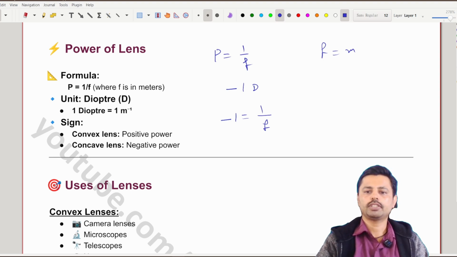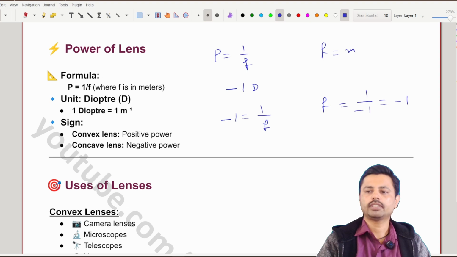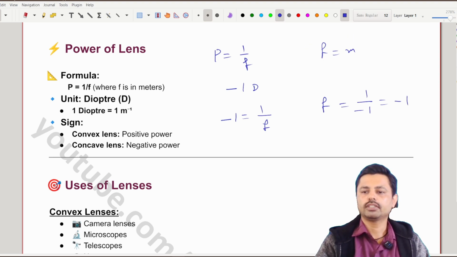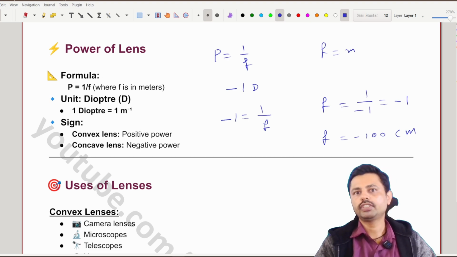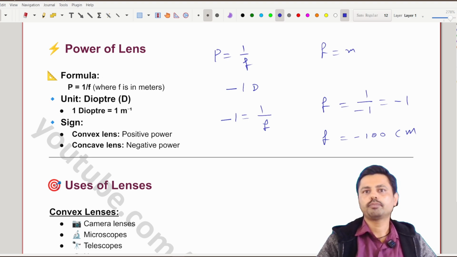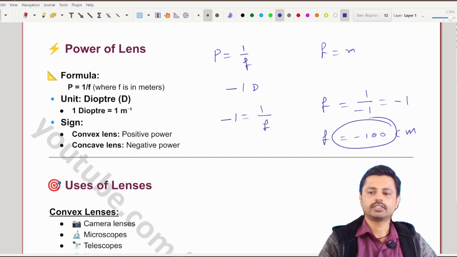Just cross multiplication, let's take f that side and minus 1 this side. We get f equal to 1 by minus 1, that will give us minus 1. Okay, now keep in mind it was in meters, so let's convert into centimeters, and it will become f equal to minus 100 centimeter. So your friend, if she is using minus powered glasses or specs which have negative power, it means she is using a concave lens, easy peasy.